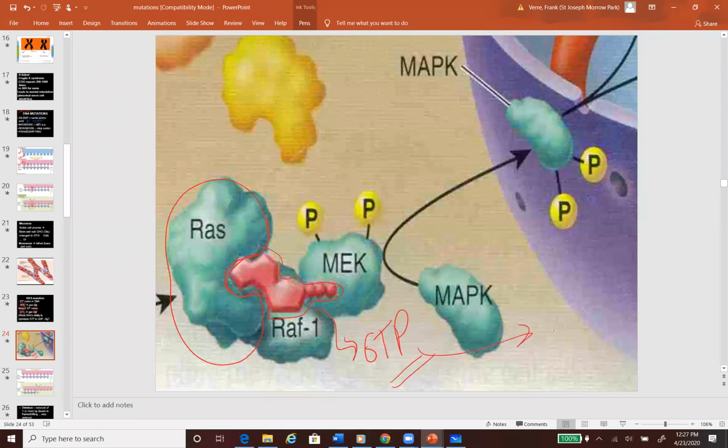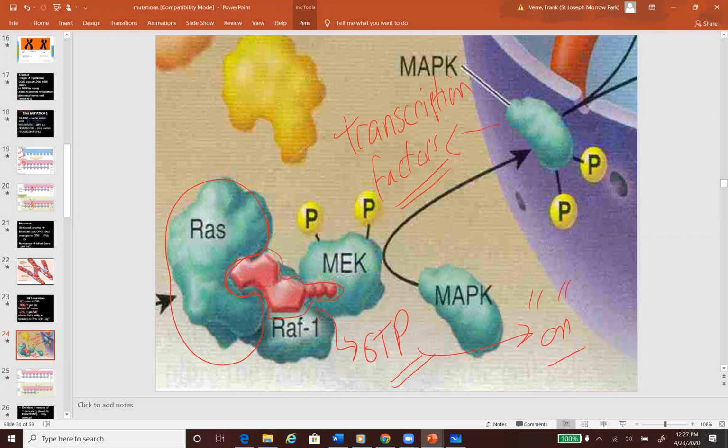So this protein right now is on, which means it's working. When it's working, what it does is it actually activates transcription factors. Now, if you remember, transcription factors are regulatory proteins that control genes. In this case, these transcription factors turn on the genes for cell division. So what happens then is this cell undergoes mitosis, starts dividing.